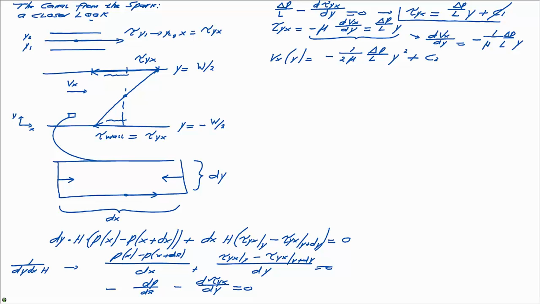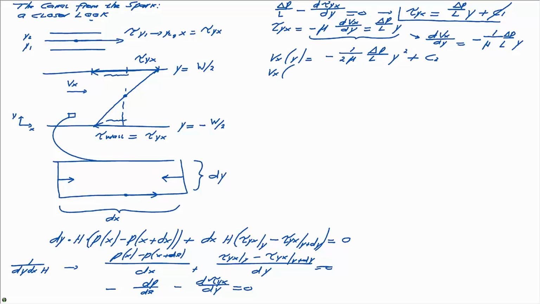And then we have to use the so-called no-slip boundary condition. This means that at y is minus w over 2, or y is w over 2, at the wall we have no velocity. So Vx is 0 there. Okay, let's put this in this equation.